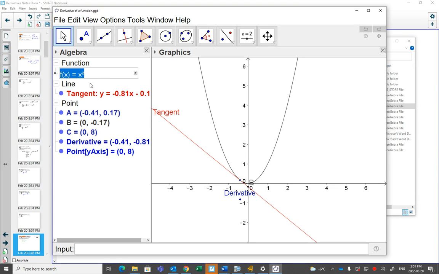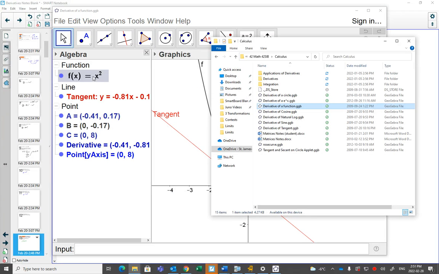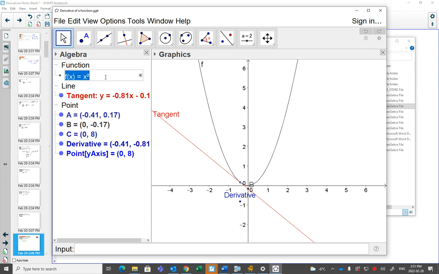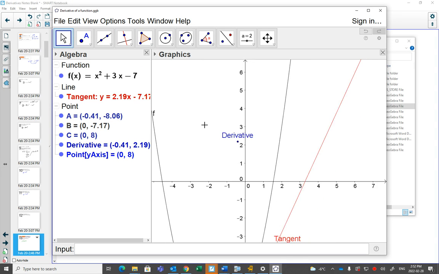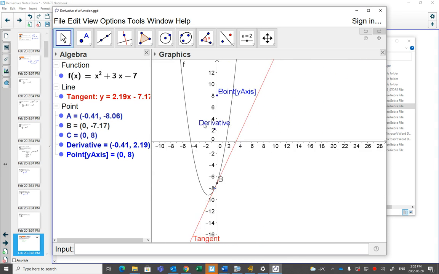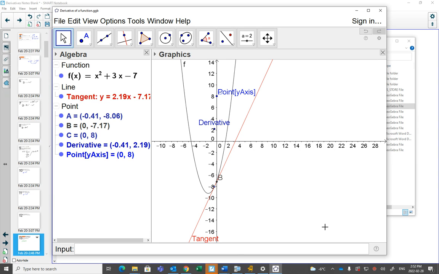If I write in the equation that we just had, x squared plus 3x minus 7, I'll zoom out here. That would be a parabola. So graph the parabola right away.